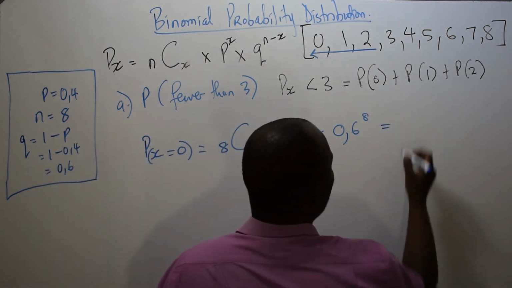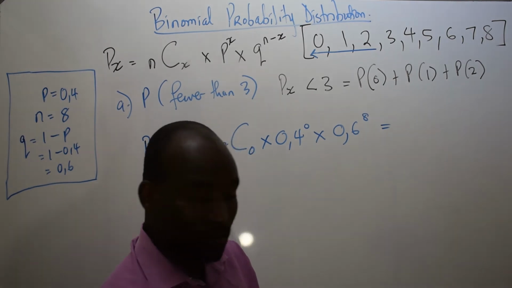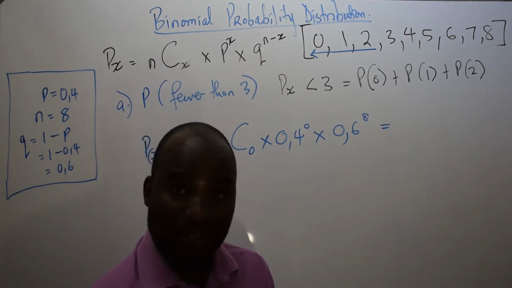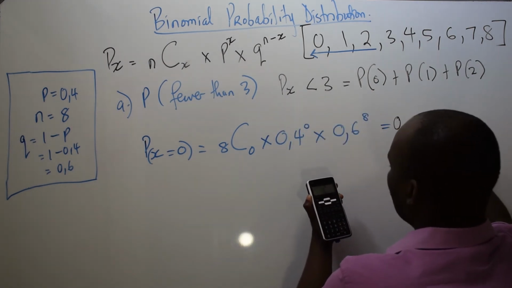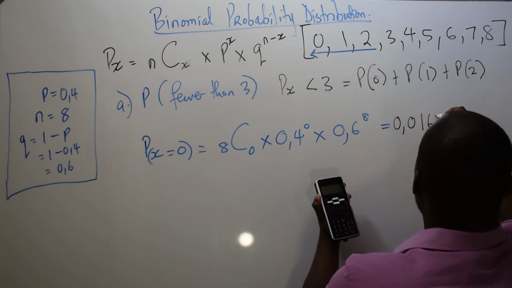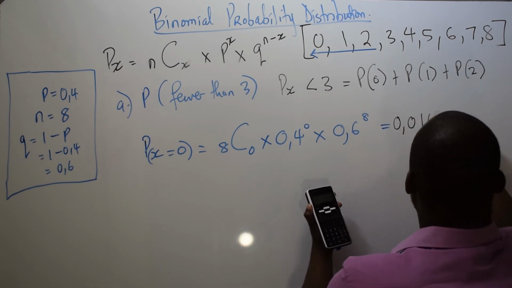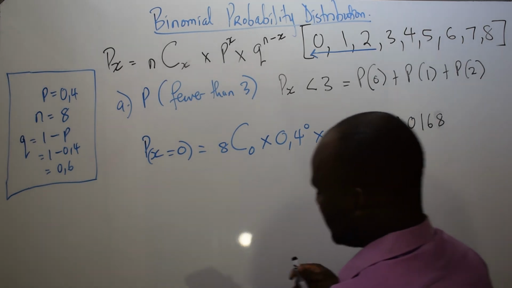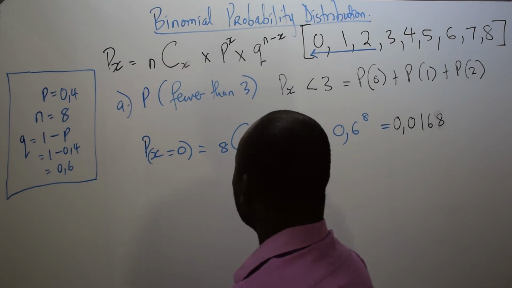Punching it into your calculator, you get your answer, to the nearest 4 decimals, 0.0168. So that's the first part, and then we deal with the next calculation.